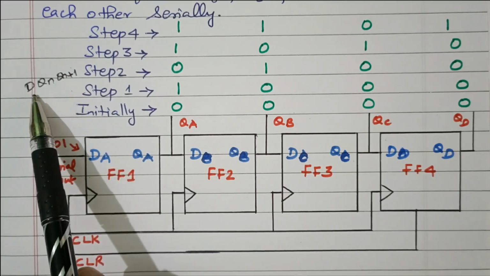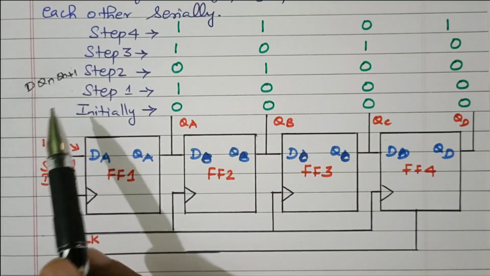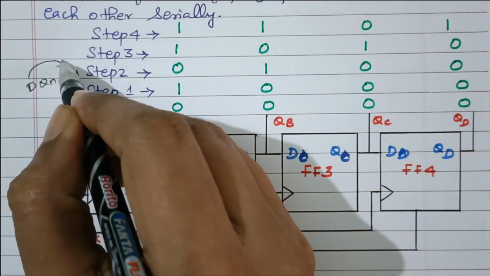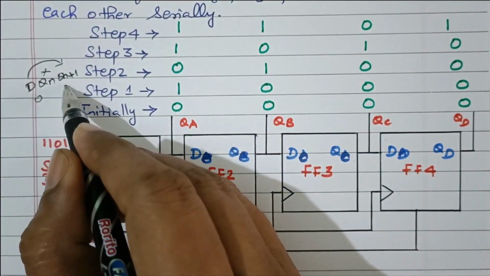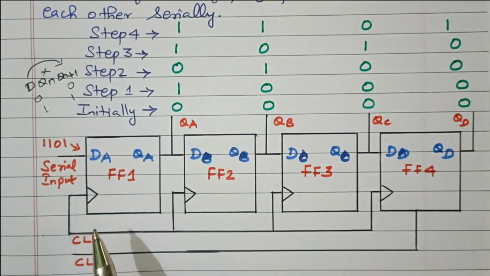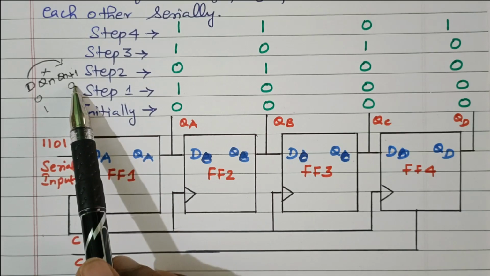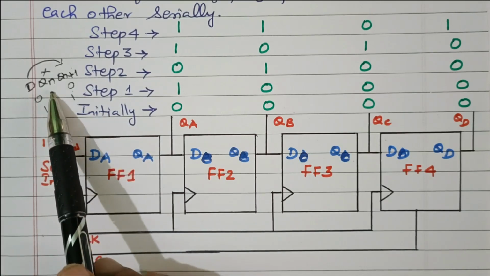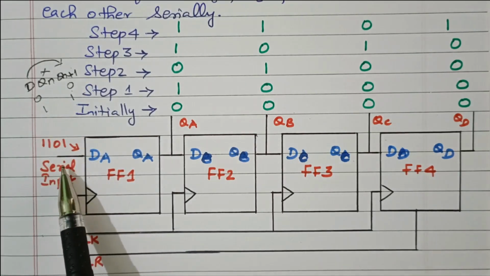For a D flip-flop, whatever may be the present state, the D input will be reflected in the next state. If D is 0, the next state is also 0. If D is 1, the next state is 1. The same input is reflected as the next state of the flip-flop, whatever may be the present state. That is very useful for transferring the data.